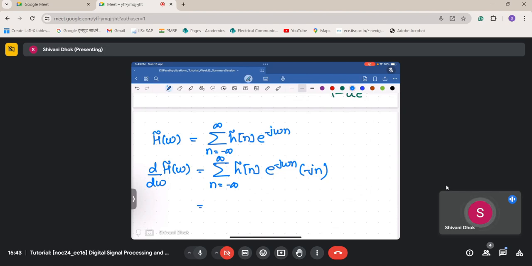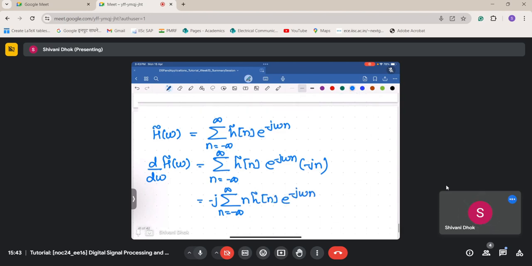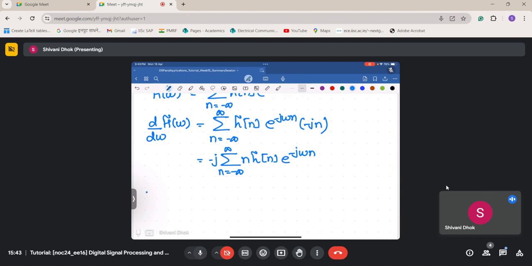So this is equal to minus j into summation n running from minus infinity to infinity n into h tilde of n into e power minus j omega n. So therefore j times d by d omega of H tilde of omega is equal to summation n running from minus infinity to infinity n into h tilde of n into e power minus j omega n.